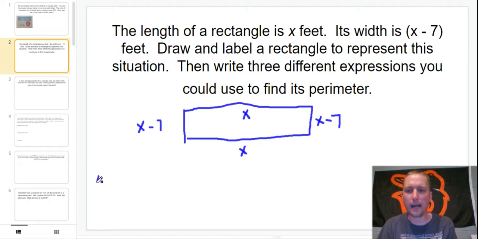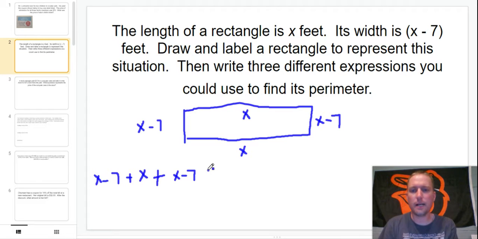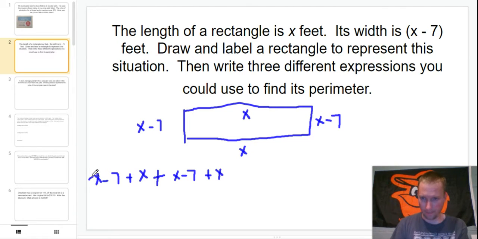So we could take x minus 7 plus, that would be this side, plus x, that would be this side, plus x minus 7, that would be this side, plus x, which would be this length, and then we're all the way back around. So I have this side, plus this side, plus this side, plus this side, giving me one way.